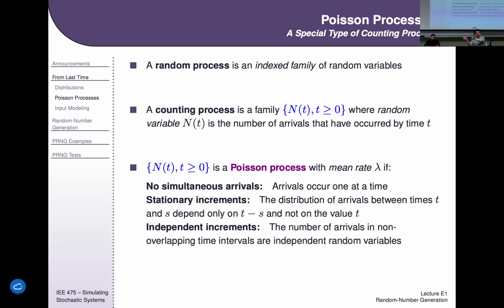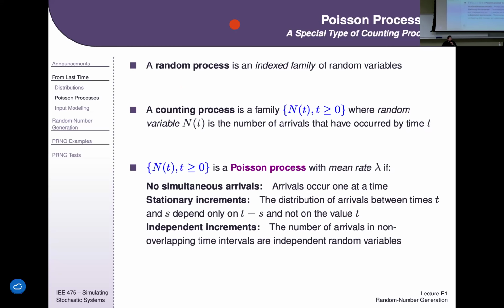So there's no relationship between outcomes in non-overlapping intervals. And that's what we refer to as independent increments. So knowing the count at one time does not change the probability distribution of the count at another time. Those are the key features of a Poisson process. Questions about those definitions?